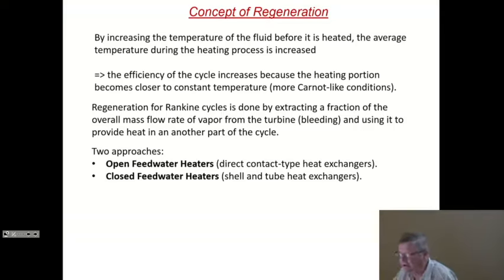So you can do it by mixing, which is a technique called open feed water heaters, a direct contact type heat exchanger. And you can do it with closed heat exchangers, shell and tube heat exchangers, like we explained. That's then called closed feed water heaters. This is a general technique. For example, it's used also in distillation.